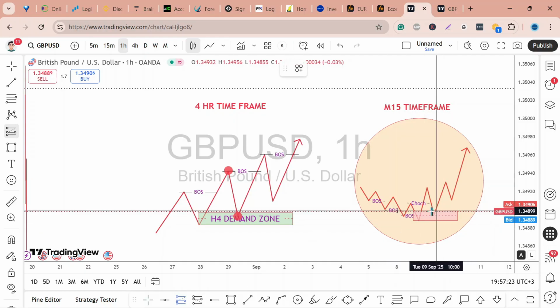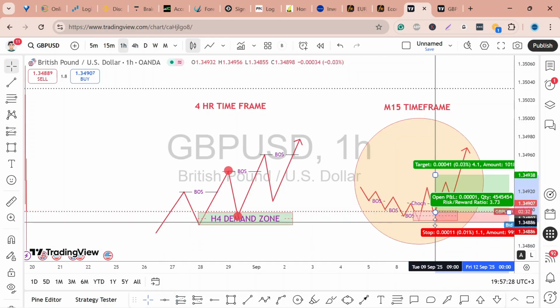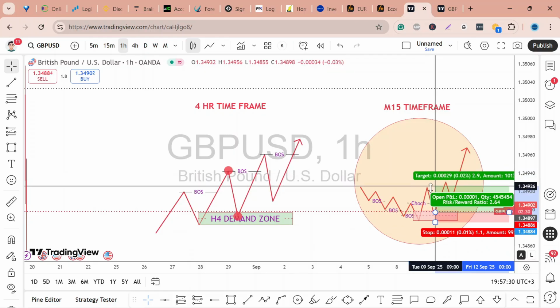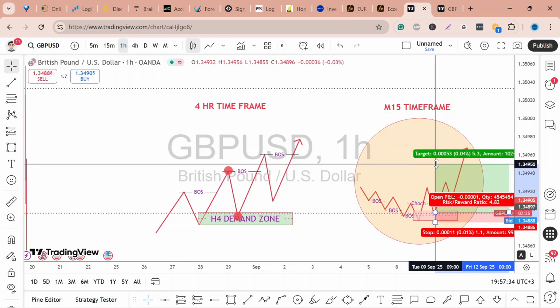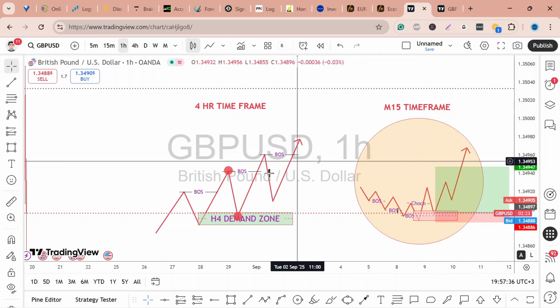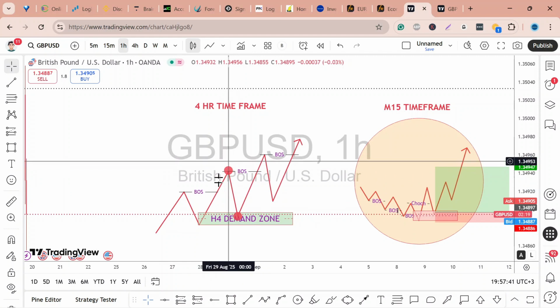Basically your entry will be here, stop loss just below, a few pips here, and your take profit will be maybe based on 1:2, 1:3, whatever you like, or the previous H4 structure that has been happening.